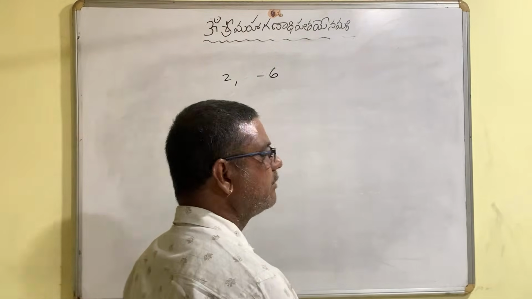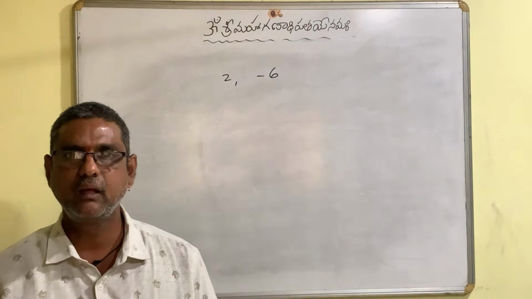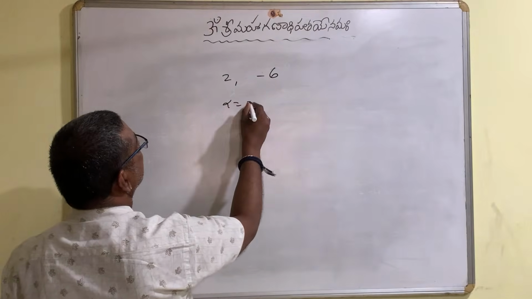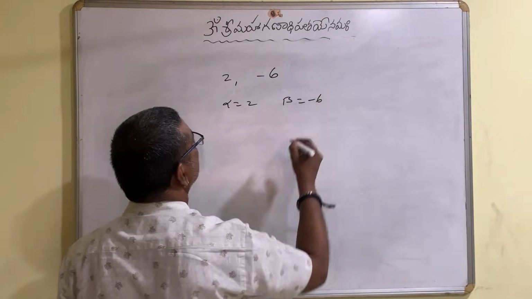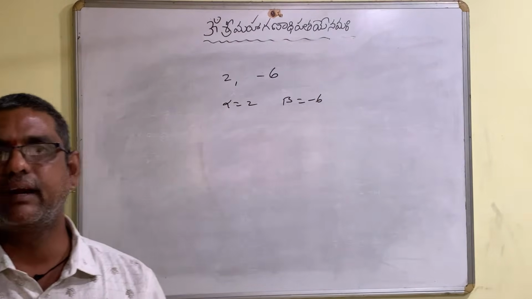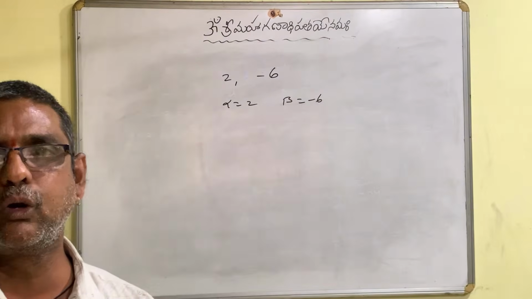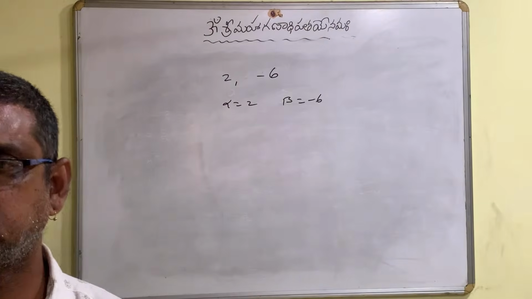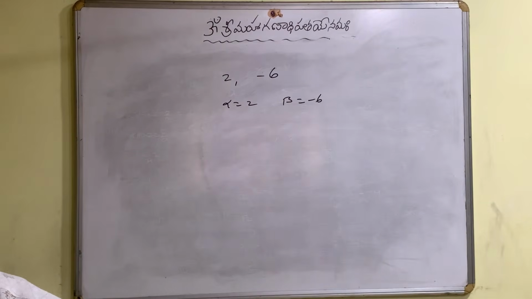Now, zeros are given and we need to find the polynomial. How to do it? Anyone?